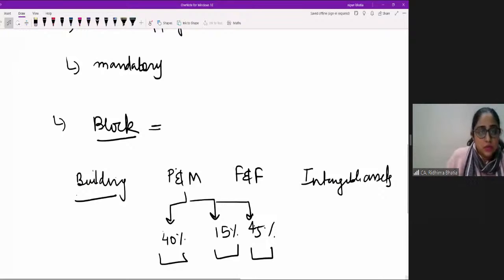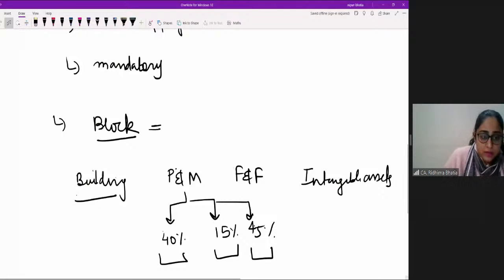So I was telling you it should be used for the purpose of business and profession. Now, interestingly, students, in your PGBP, there is one condition to start getting the depreciation. Obviously, it should be used for the purpose of business and profession, but again, the depreciation will begin from the year when it is actually used for business and profession.